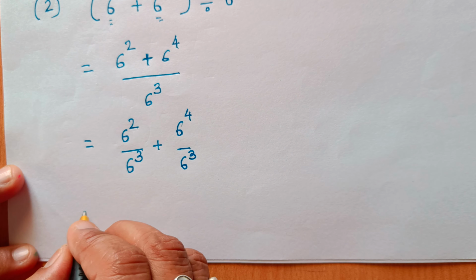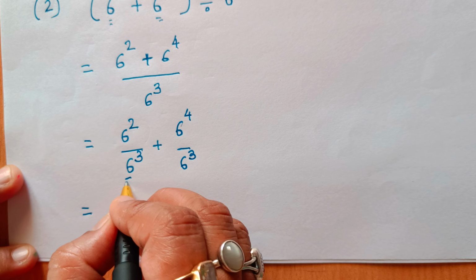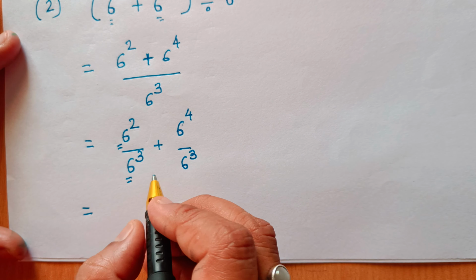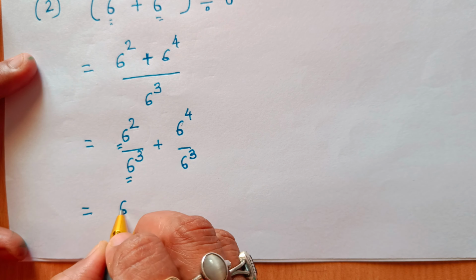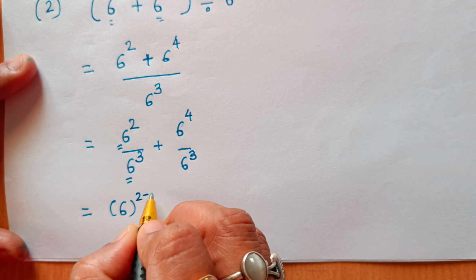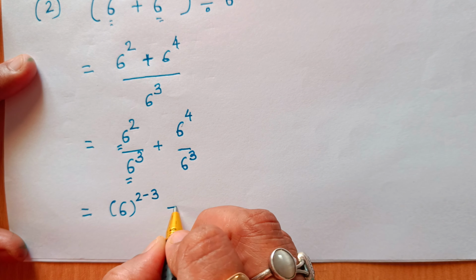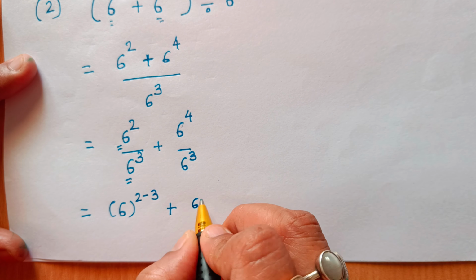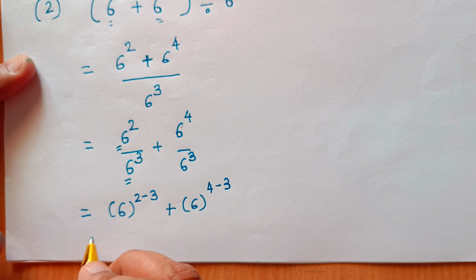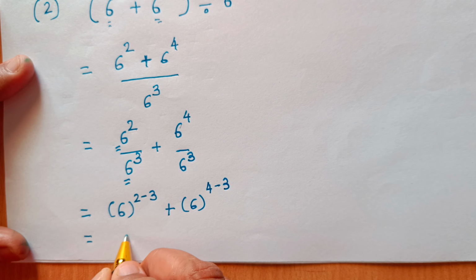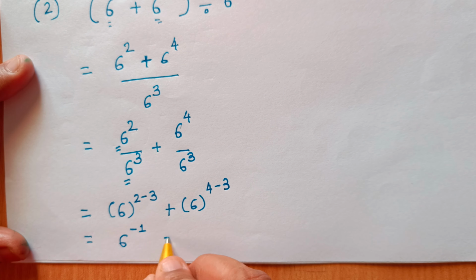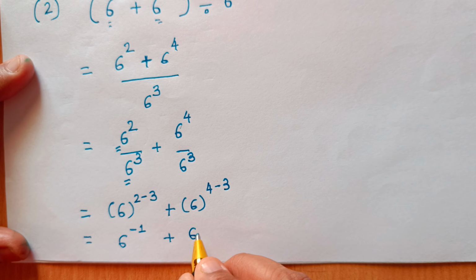Now children, in division the base is the same but the power is different, so we subtract the powers. So 6 raised to 2 minus 3 plus 6 raised to 4 minus 3 is equal to 6 raised to minus 1 plus 6 raised to 1.